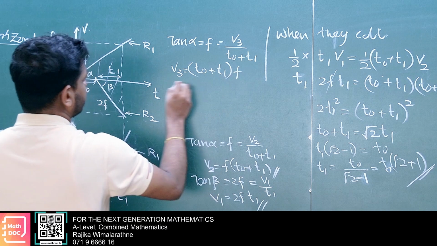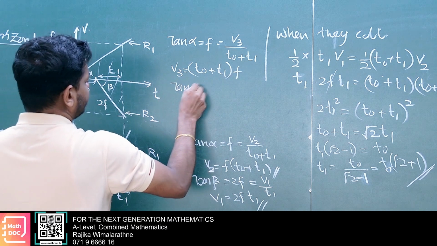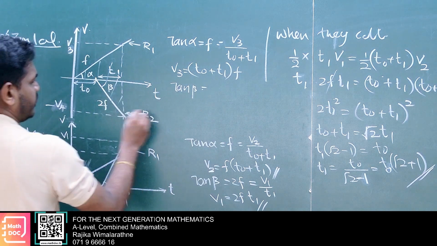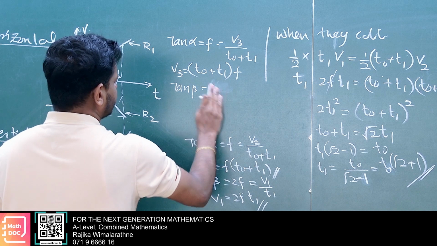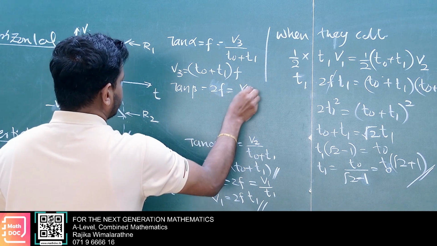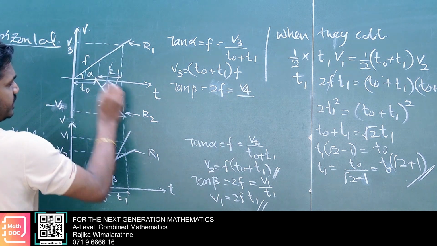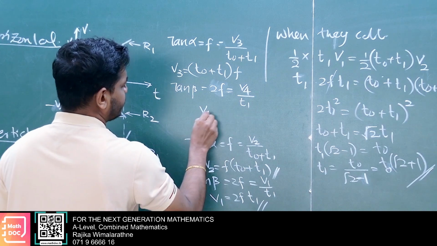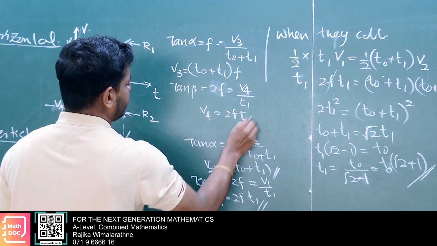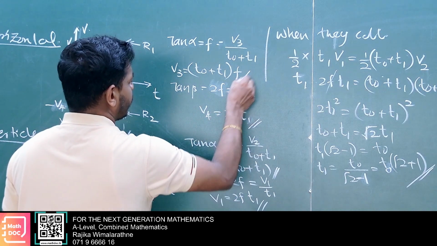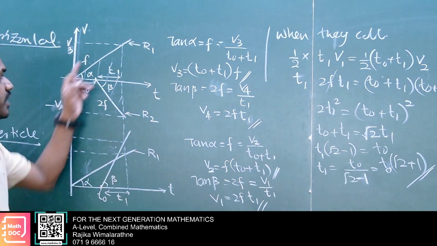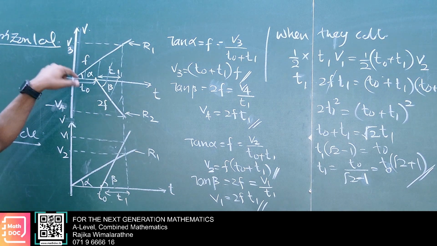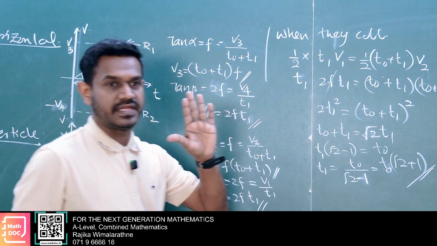Tan beta is 2F, so V4 over T1 equals 2F, giving V4 as 2F T1. Now the AB displacement is the full area, and then you can find it.